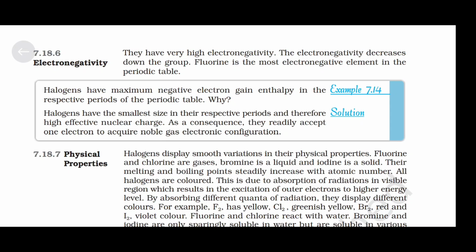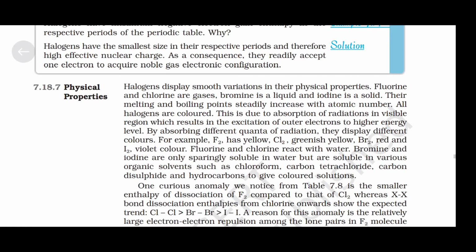Physical properties. Halogens display smooth variation in their physical properties. Fluorine and chlorine are gases, bromine is a liquid, and iodine is a solid. Their melting and boiling points steadily increase with atomic number. All halogens are colored.